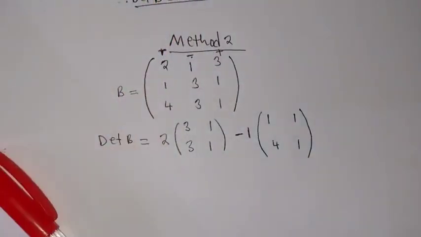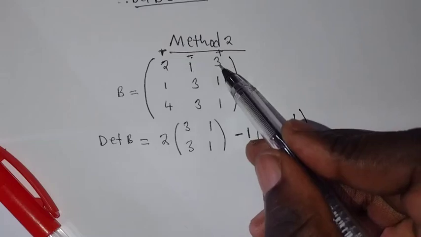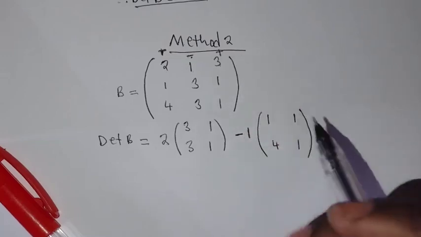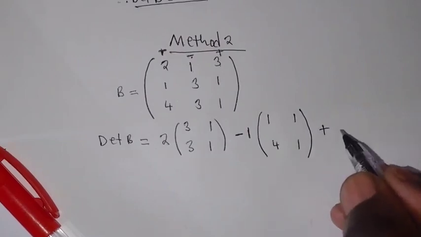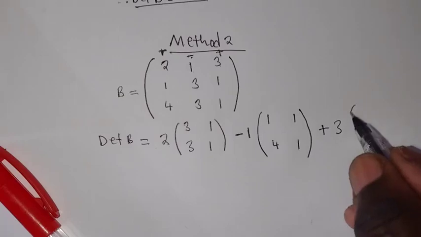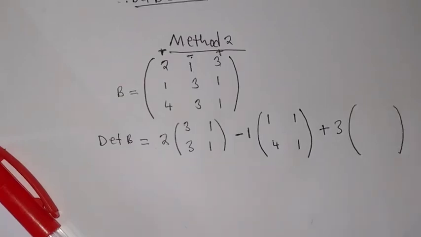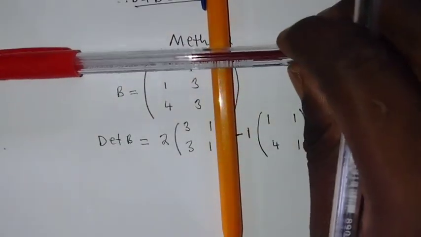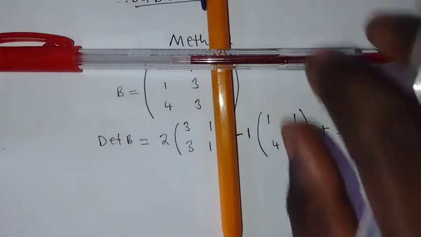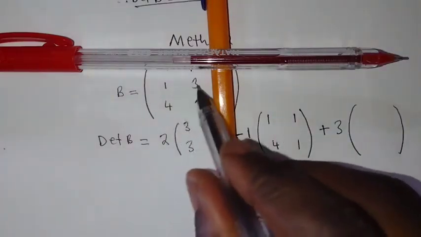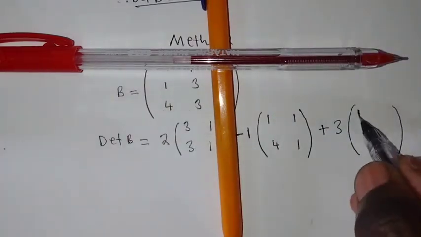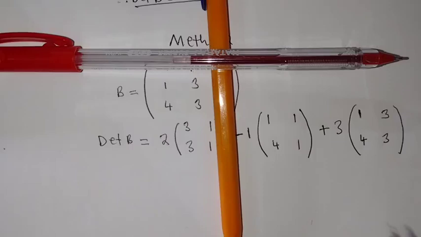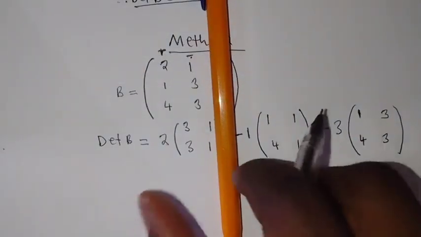Then when you are done, we come to the third element right here, which is having which sign? Plus here. So we write plus, then we write a 3. We do the same. We cover this column and we cover this entire row here. You can see we are remaining with 1, 3, 4, 3. Okay, that is what you are going to remain with.